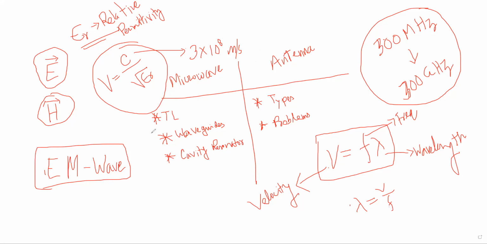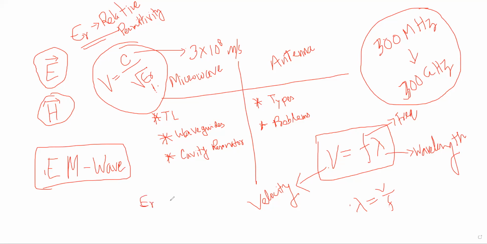Now comes the interesting point. If you want to measure the velocity of a wave, then you have to use this formula. Now, how do you get the epsilon r? Epsilon r actually varies according to your material.